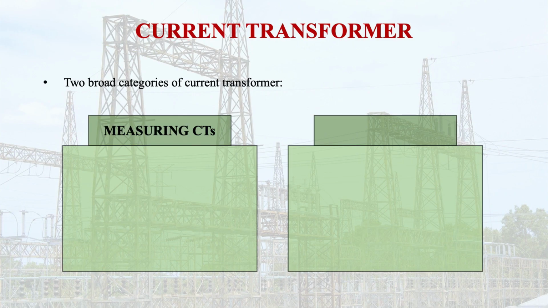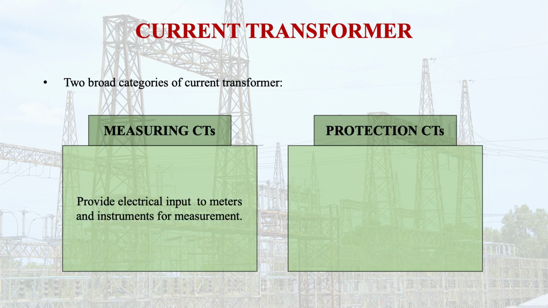There are two broad categories of current transformer: measuring CTs and protection CTs. Measuring CTs provide signals to meters and instruments. On the secondary side, we can connect the ammeter, or the wattmeter, which can measure the current or power.